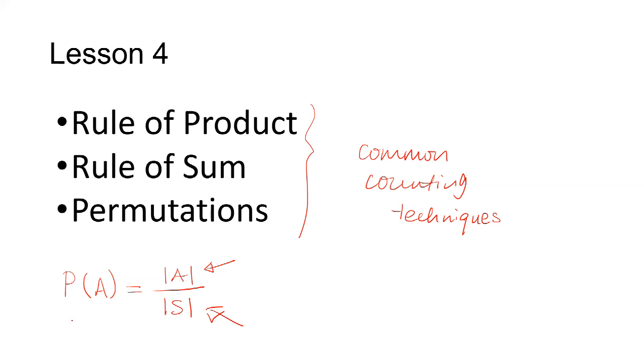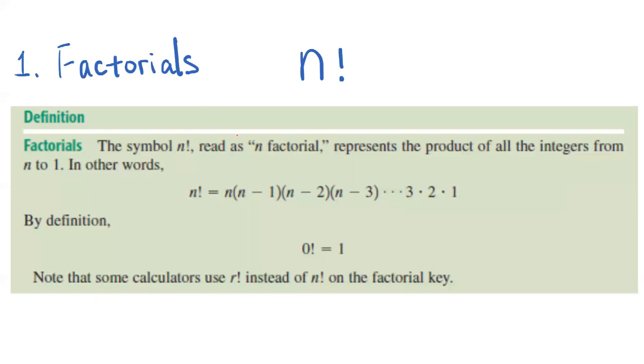So first of all, let's start from factorials. If you have learned this, you can treat it as a review. So first, I'll read the definition for you. Factorials. The symbol n exclamation sign, read as n factorial, represents the product of all integers from n to 1.